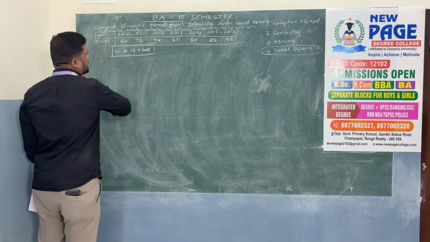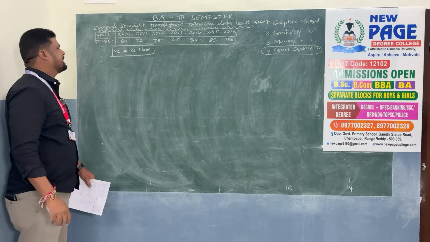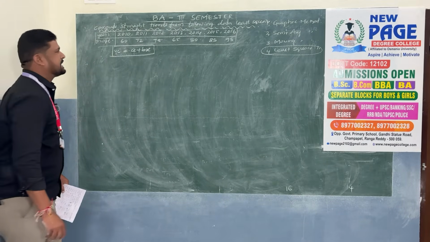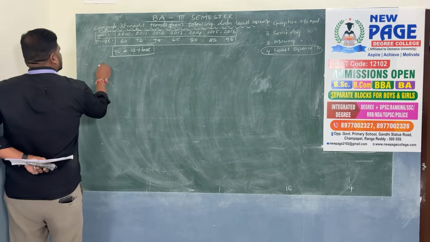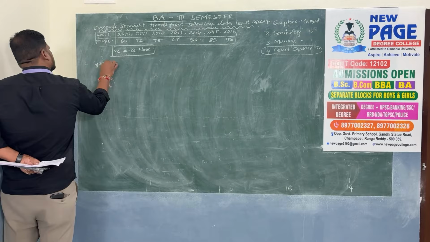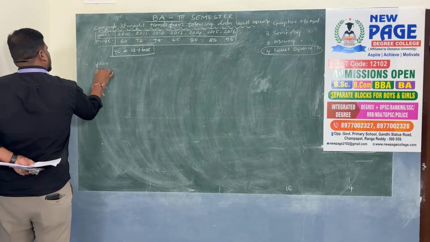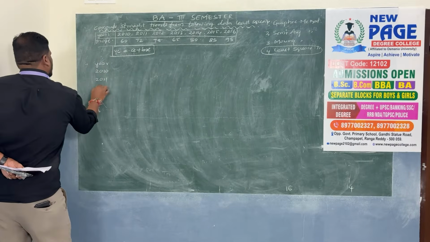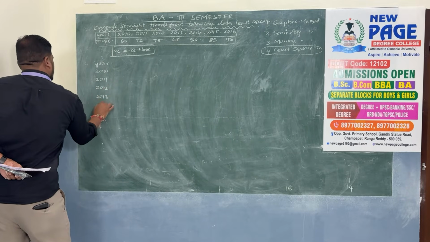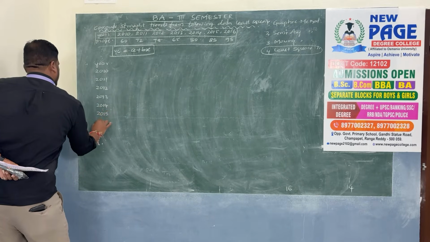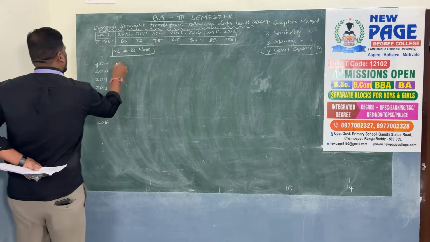Most important formula. Remember this: Yc = a + bx. So arrange this data. Years: 2010, 2011, 2012, 2013, 2014, 2015, and 2016.